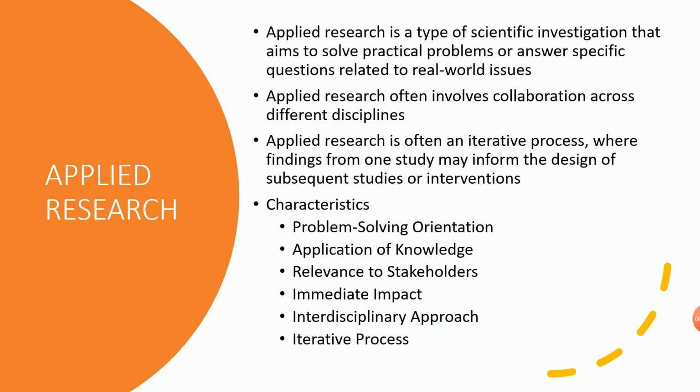Now, applied research. Applied research is a type of scientific investigation that aims to solve practical problems or answer specific questions related to real world issues. So whatever data or result we obtain that can be applied to the real world, that particular research could be called applied research.